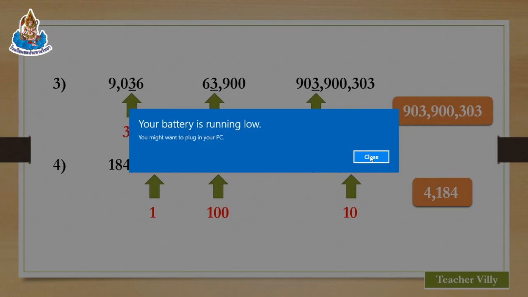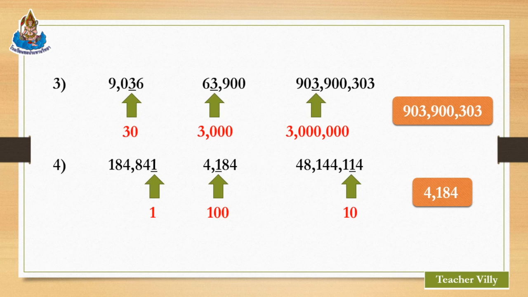Therefore, the number we have is 4,184, wherein the digit 1 has the value of 100. I'll repeat, 4,184.